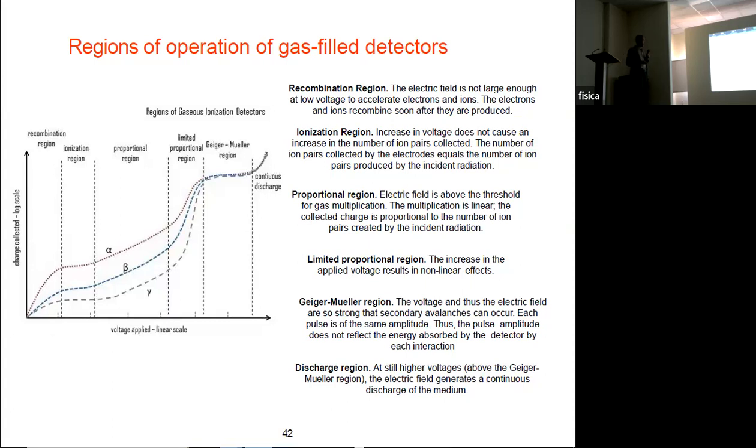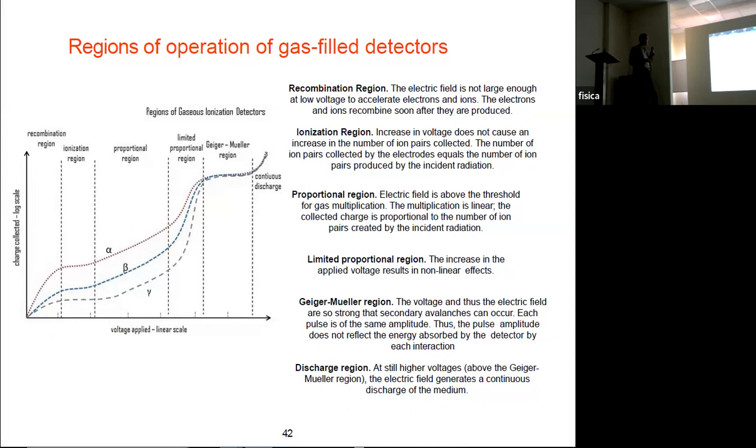In the third region, the proportional region, we have the so-called multiplication factor. When we apply more voltage to the electrodes, we can achieve so-called gas multiplication. We have more electron-ion pairs, and the number of these electron-ion pairs is still proportional to the initial energy.